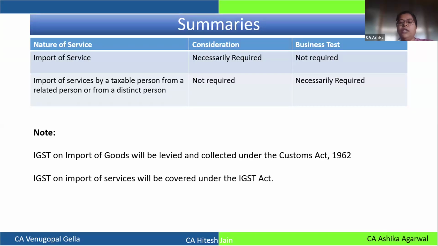You were not required to determine the value. It can be GTA service, legal service, sponsorship, because whoever was providing you the service was charging for the service provided. So the value was already there. But when the transaction is between related parties without any consideration, then the value becomes the challenge.